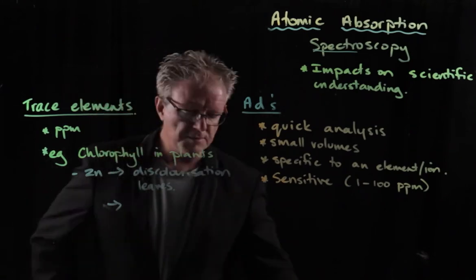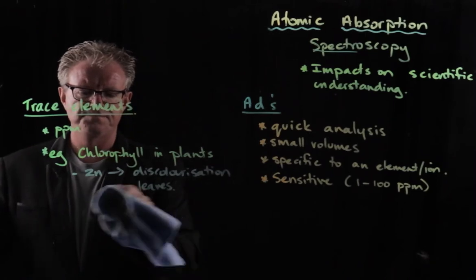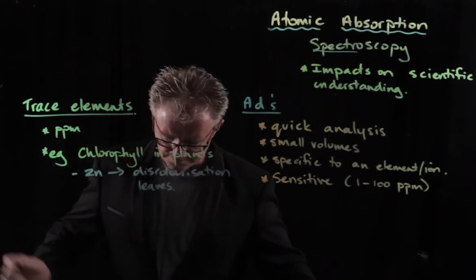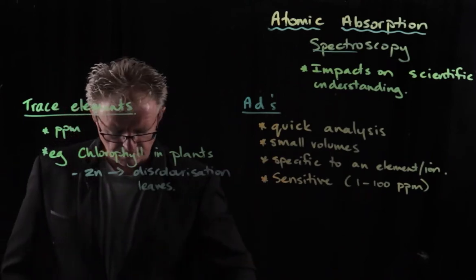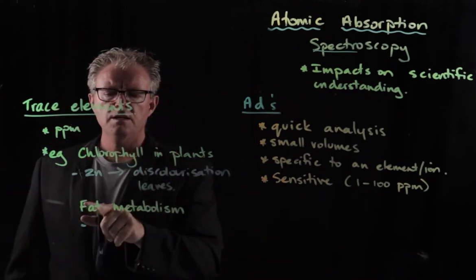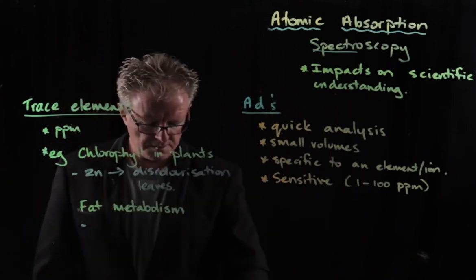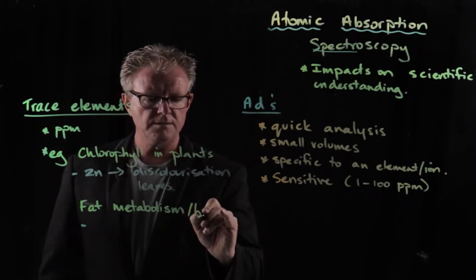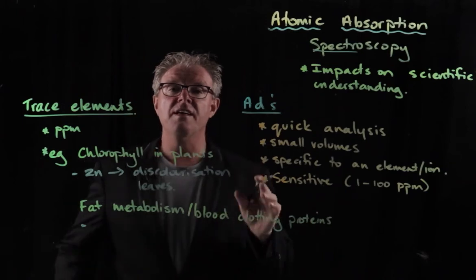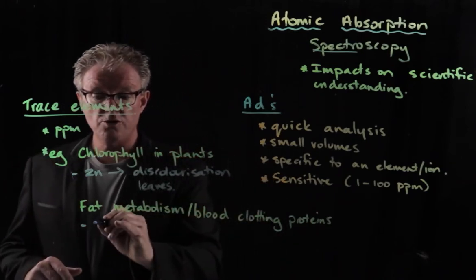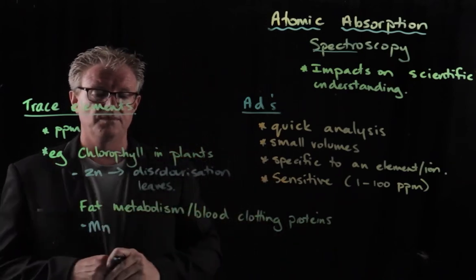Another one, and I'll just rub this one out because I've got two arrows there. Another one is metabolism. I'll do the same color. So we can have fat metabolism and blood clotting. Fat metabolism and blood clotting proteins is another area which needs a micronutrient, manganese.